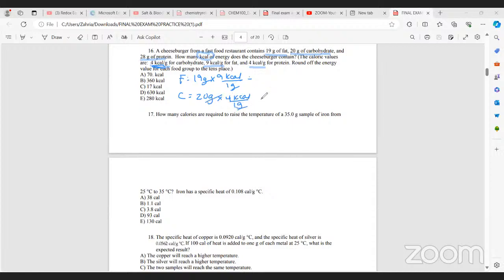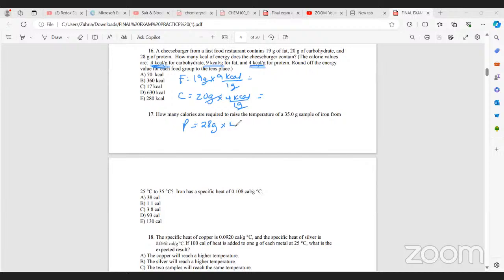Cancel out your grams. And then for your protein, you've got 28 grams of protein times, and for your protein here is 4.